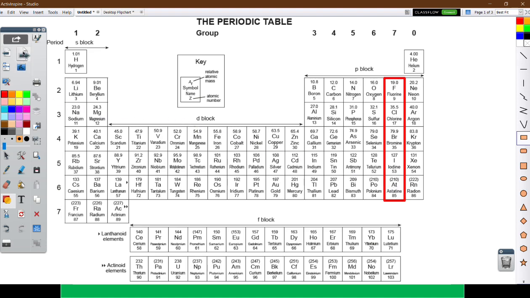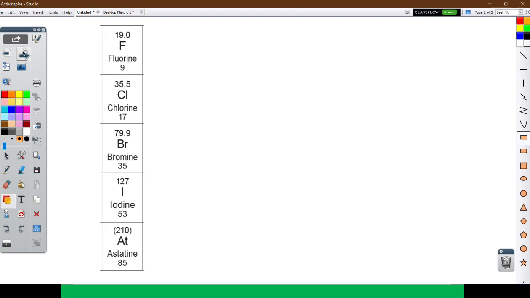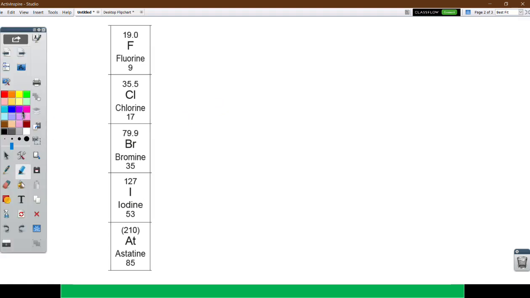Okay, if we look a little bit more closely at this group then, and remind ourselves of some of their physical properties, these are very colourful elements, and you may recall that fluorine at the top of the group is a very pale yellow coloration. Diatomic molecule F2, and at room temperature fluorine is a pale yellow gas.